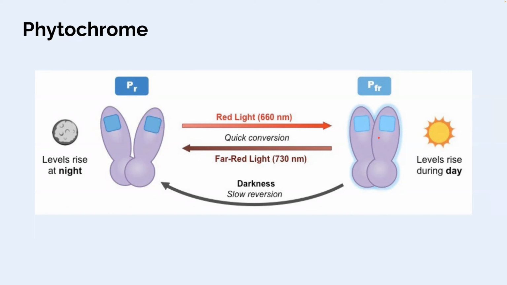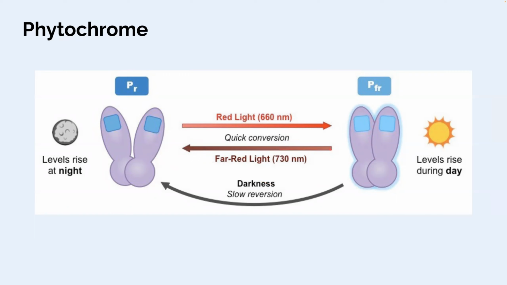And that form is called PFR, and the FR stands for far red light. So they're kind of indicated here. These are not too far off from the actual colors, red light and far red light. If the PFR form encounters far red light, then it changes back. Sorry, this arrow here.